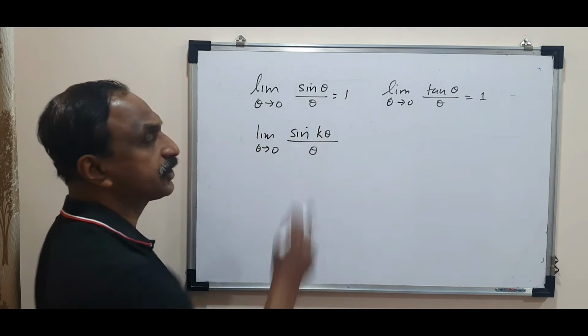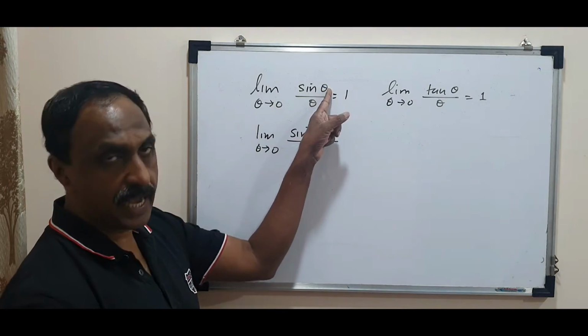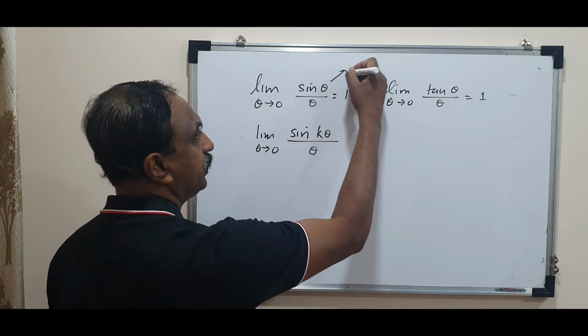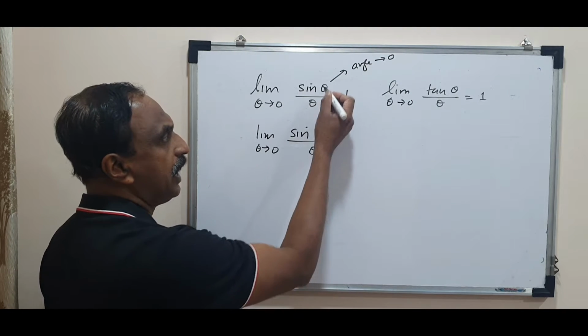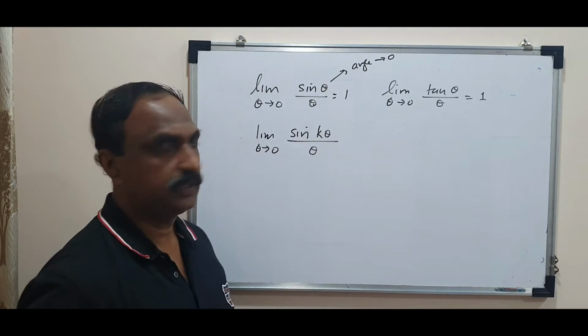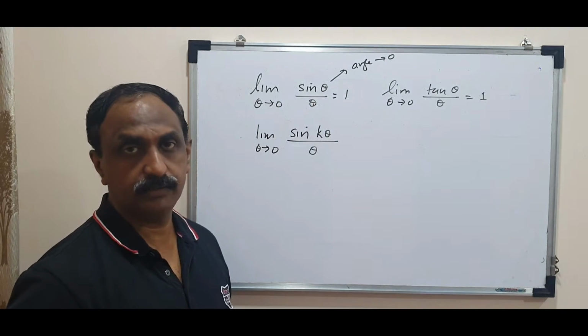We know how to apply this formula. What are the conditions to apply this formula? When you apply the limit, the angle part should tend to 0, and the denominator and the angle part should be the same. Then your answer should be 1. And remember, this theta should be in radians.